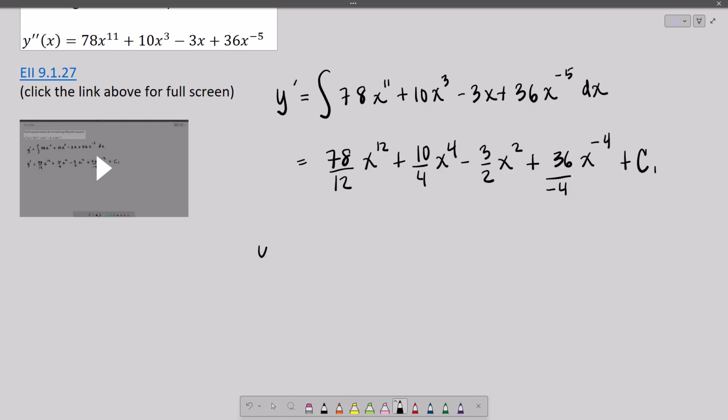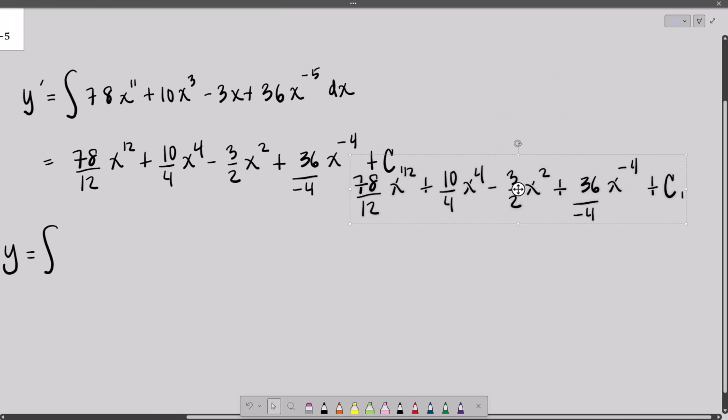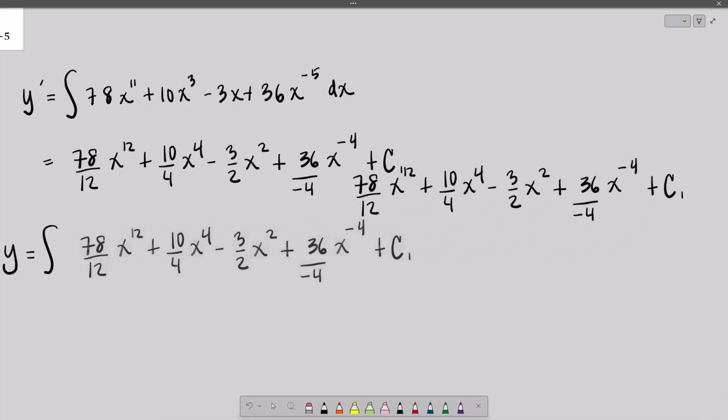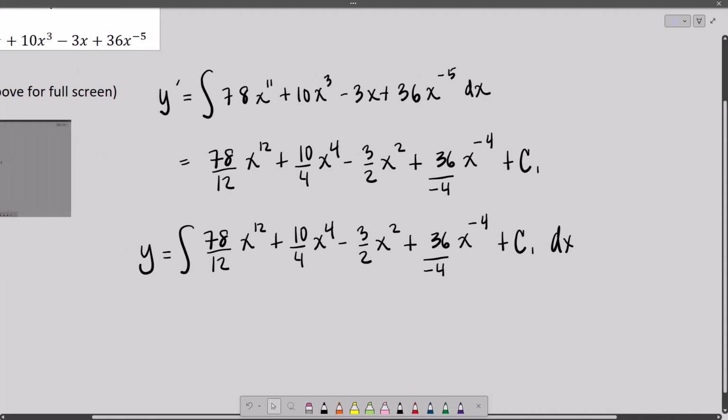Now to get to y, we integrate y prime. So now we're just going to integrate this whole thing. So we just integrate that with respect to x. And that's going to get us to y.